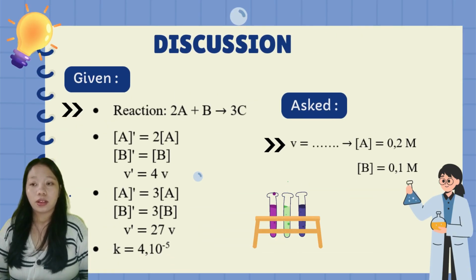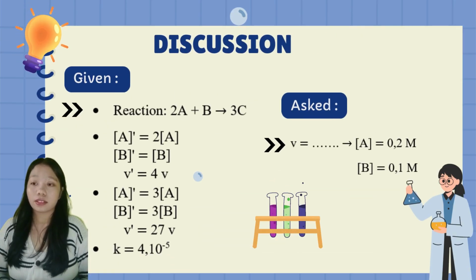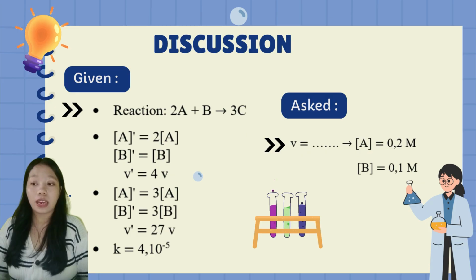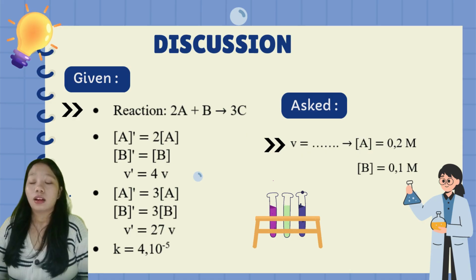First, given the reaction 2A plus B produces 3C. Concentration A becomes concentration A, concentration B becomes concentration B, and the rate becomes 4 times the rate. Then concentration A becomes 3 times concentration A, concentration B becomes 3 times concentration B, and the rate becomes 27 times the rate.